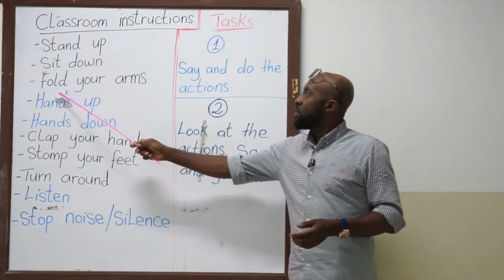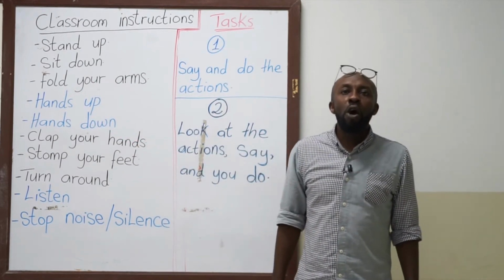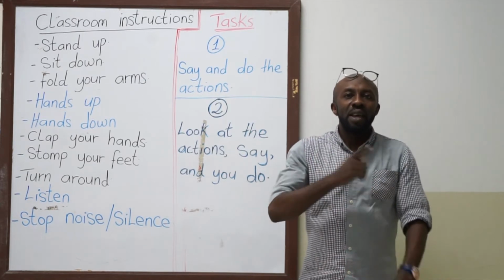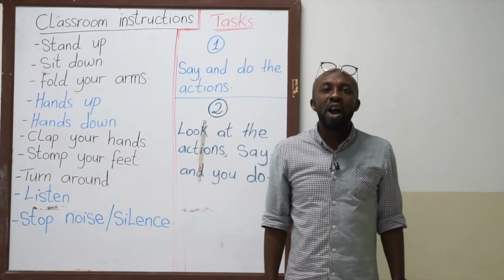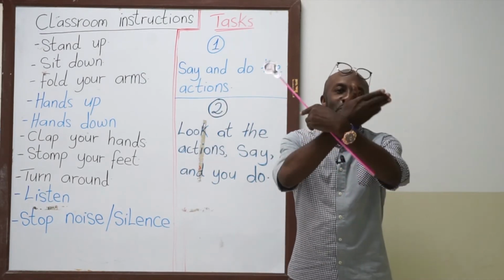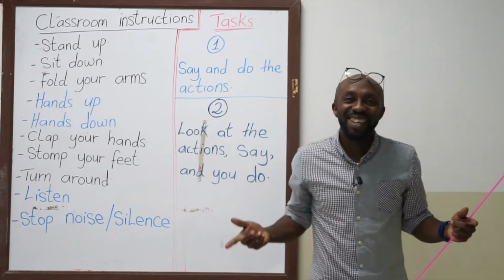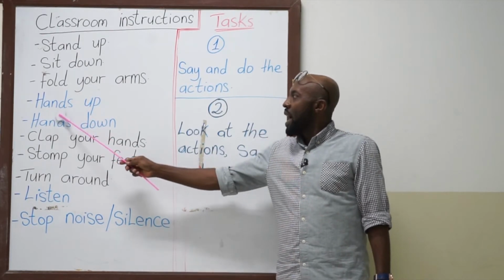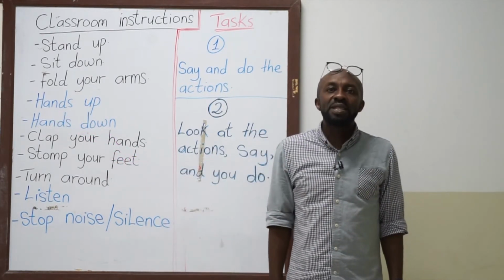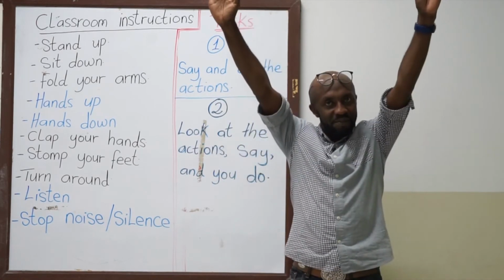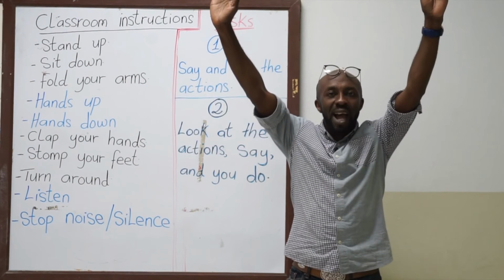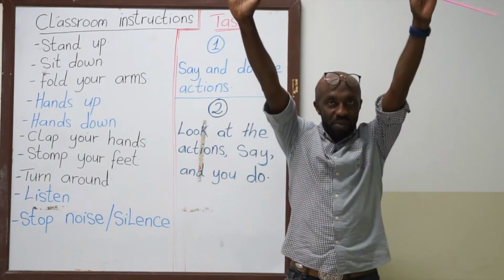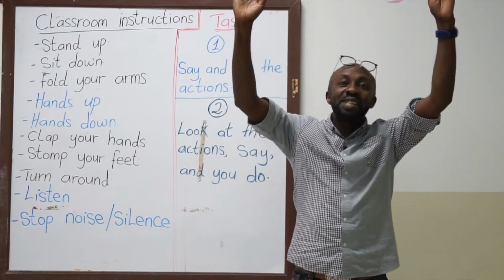Okay. Number 3, fold your arms. Again, fold your arms. Okay? Good. Next item. Hands up. Hands down. Hands up. Hands down.